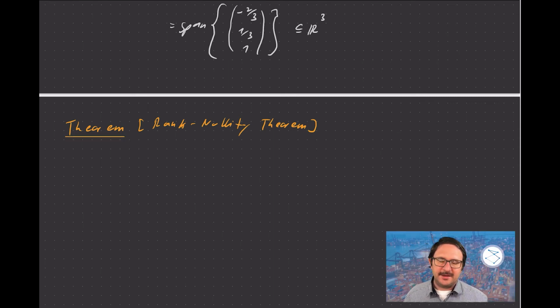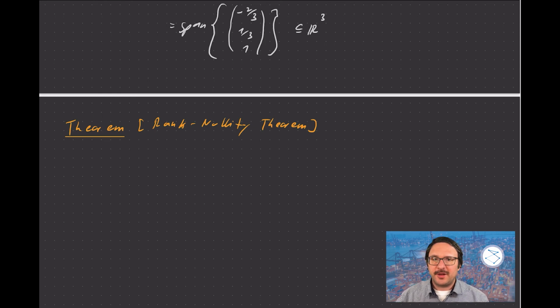Basically what it says is, if we have a matrix and regard this as a coefficient matrix of a system of linear equations, then the number of free variables is the same as n, the columns, minus the number of pivots. You know that already. And this number of pivots is called the rank of the matrix or of the system of linear equations. You know that already as well.